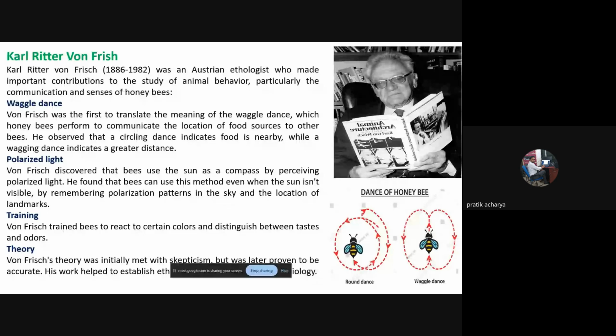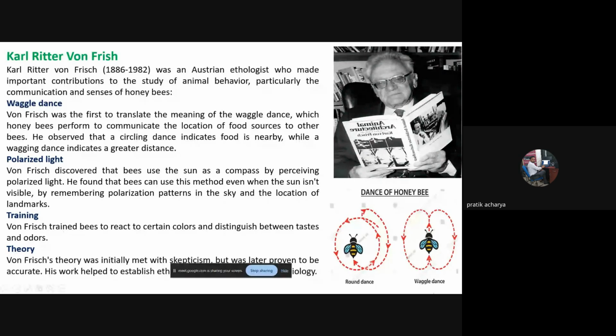This waggle dance is performed particularly when the food source is at a greater distance. That means the food source is not near their hive; it is at a great distance from their hive.